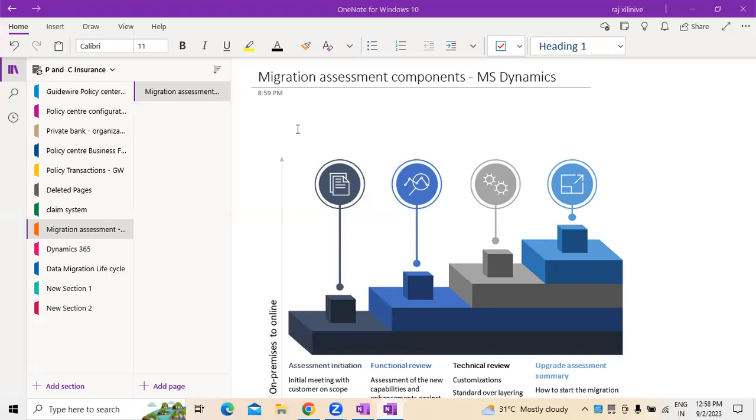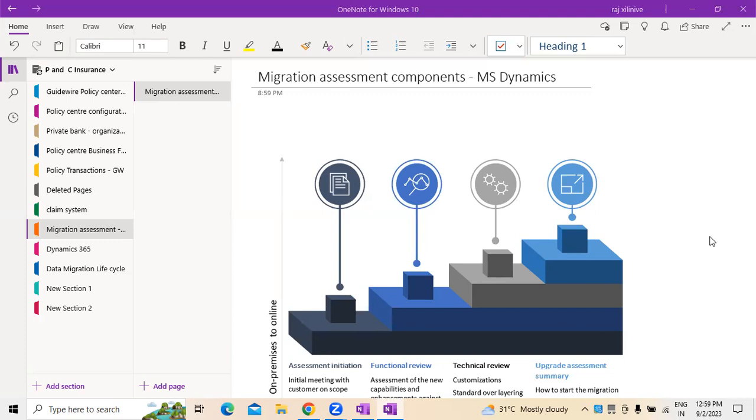Whenever migrations take place, especially on the Dynamics platform, there are some components which we normally use, and some steps we need to understand, because we are moving from on-premise solutions and legacy applications towards an agile, online, cloud environment.